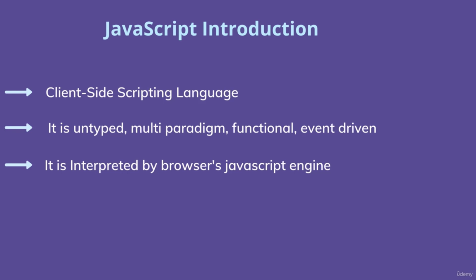Now, something more about JavaScript. Let's see. It is untyped. Untyped means, if we know something about programming languages, you may know about the thing called data types, which specify the type of data we are going to process. But while working with JavaScript, you will observe it is untyped, meaning it is not a type-safe language.